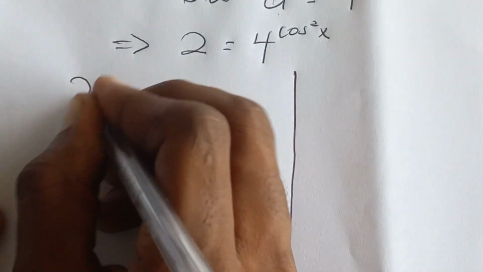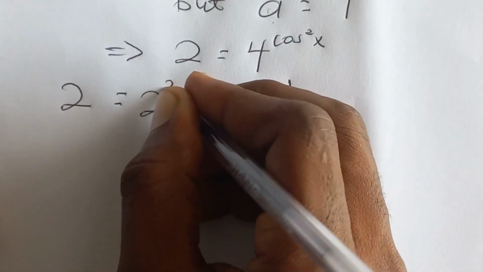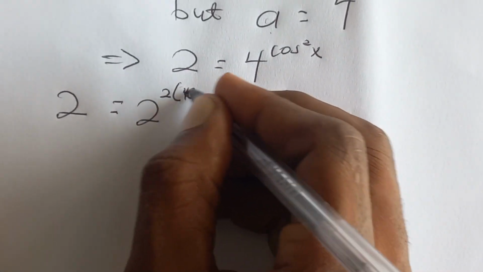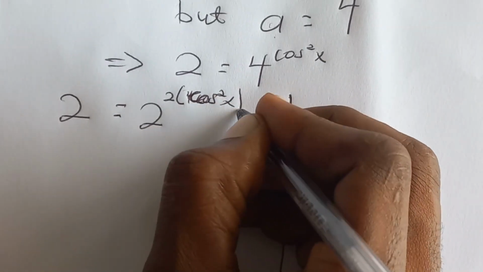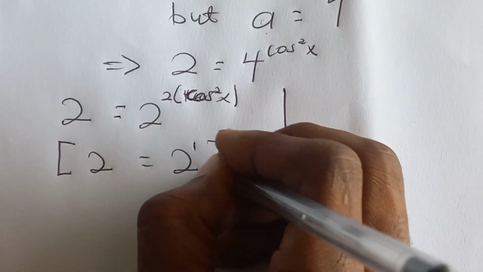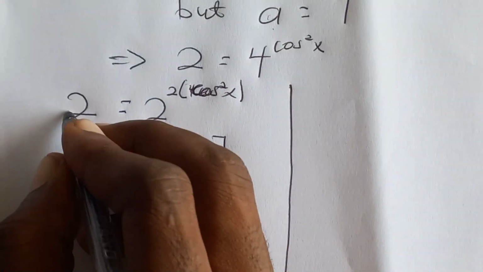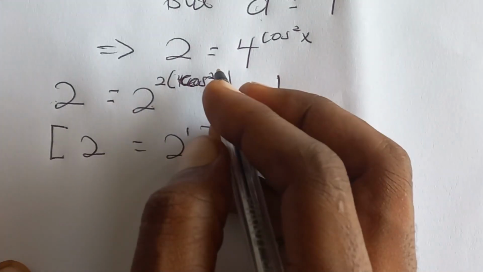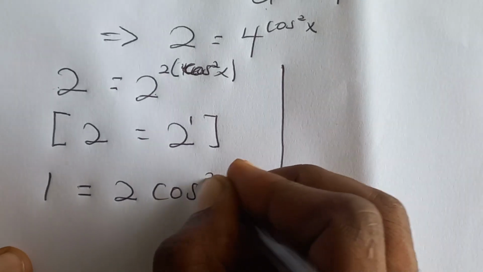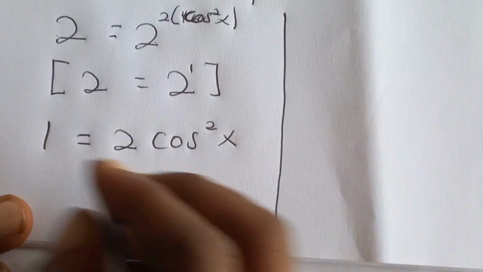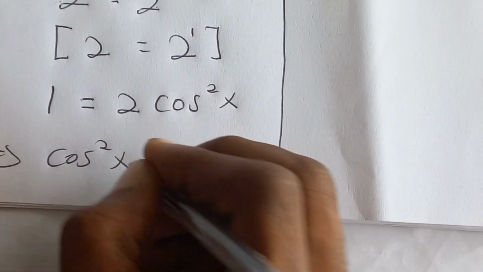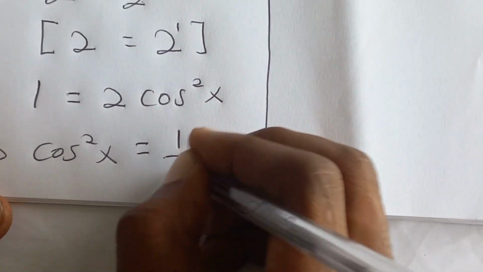So it's going to be 2 is equal to 2 exponent 2 into bracket cos squared x. But don't forget 2 is the same as 2 exponent 1. So since the bases are the same, we can equate the power. So we say that 1 is equal to 2 cos squared x. Divide both sides by 2 and get cos squared x is equal to half.